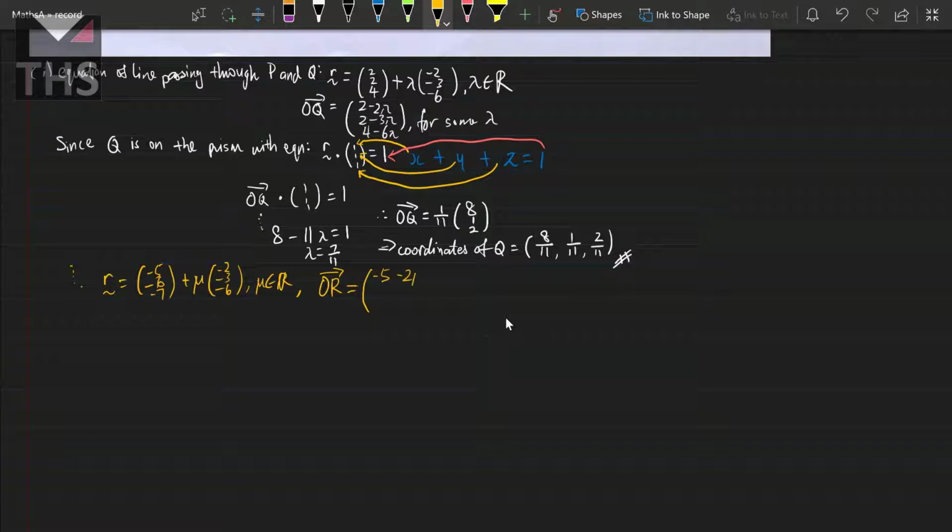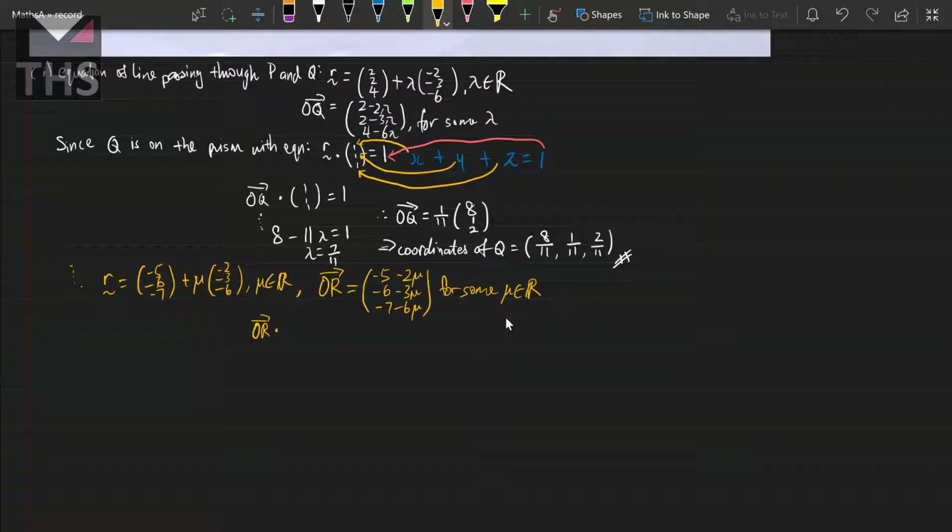If any part is unclear, you could just review the couple of minutes before this, and it shouldn't be too hard to understand because it's just a repetition of the skills that you applied just now.